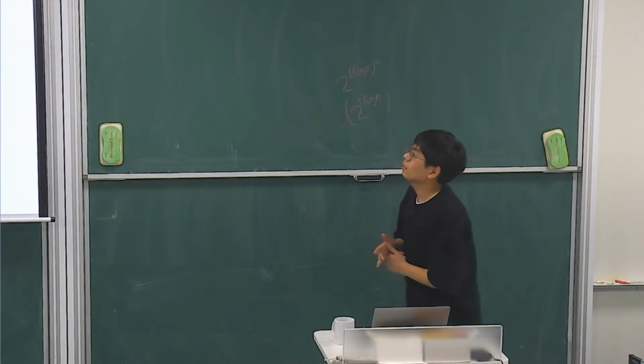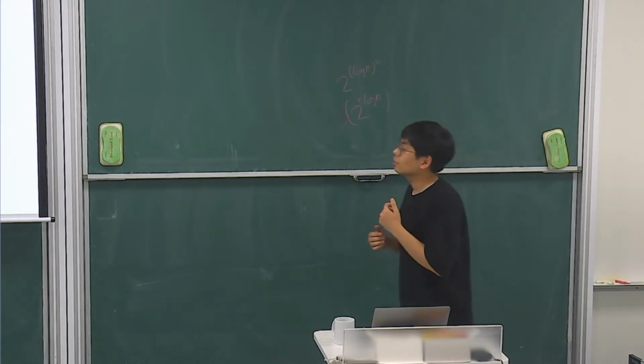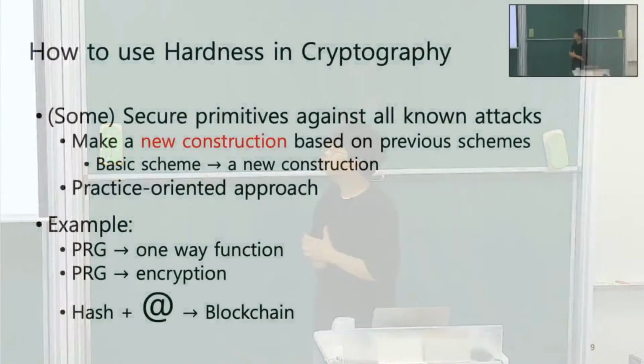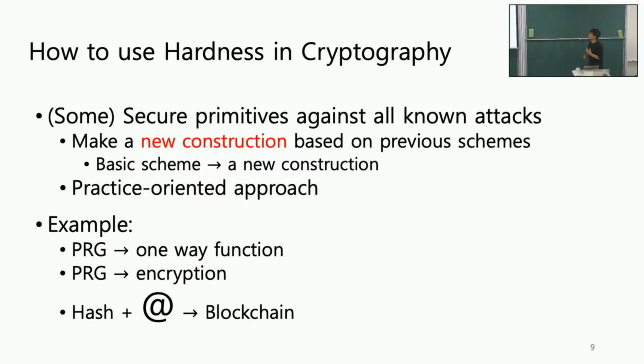And similarly, some secure primitives are also based on the new cryptographic primitives. But as I always said, there is no proof. So it is called practice-oriented approach. They are secure against unknown attacks.